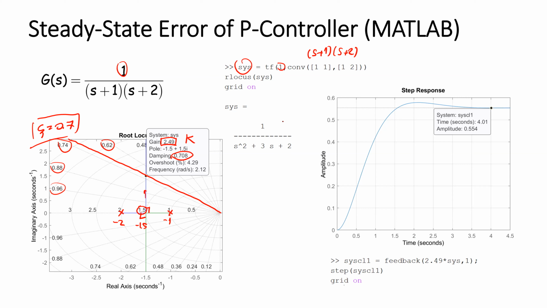So the system transfer function G(s) is this one, a second order polynomial. The root locus of sys for the open loop transfer function is shown. We already picked the gain K, but to plot the response, we need to plot the response of the closed loop.